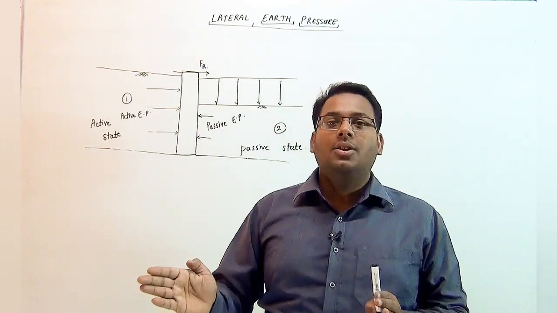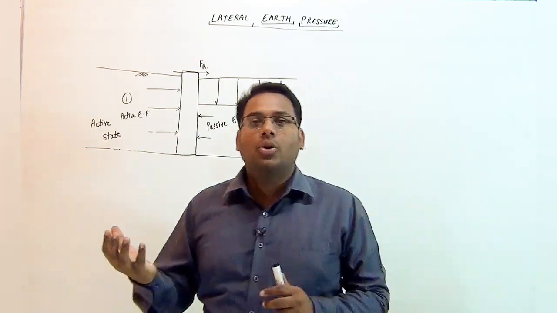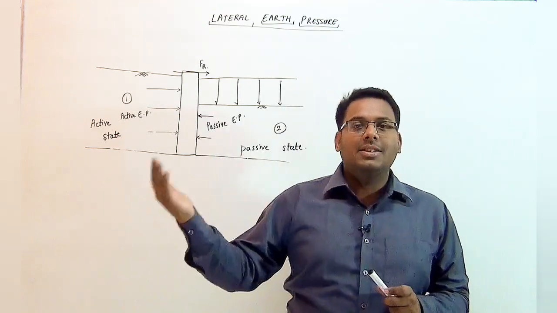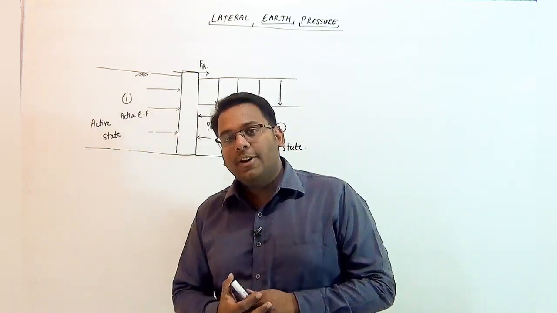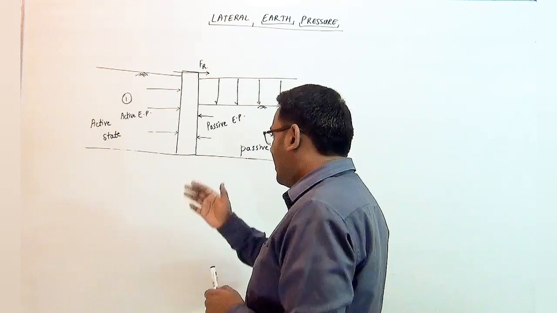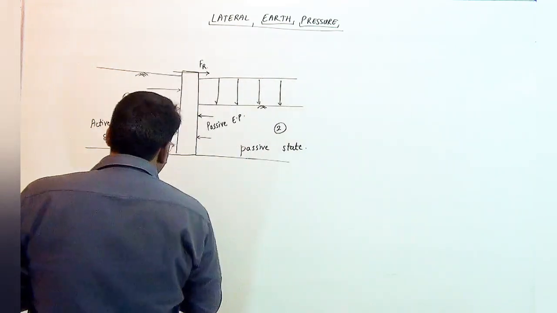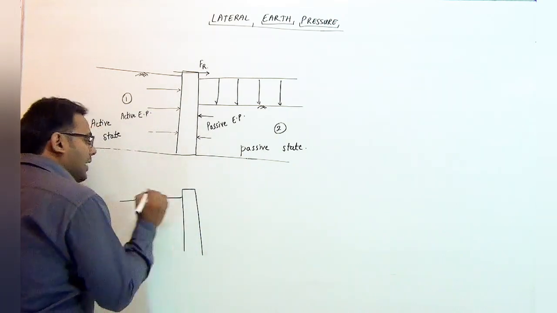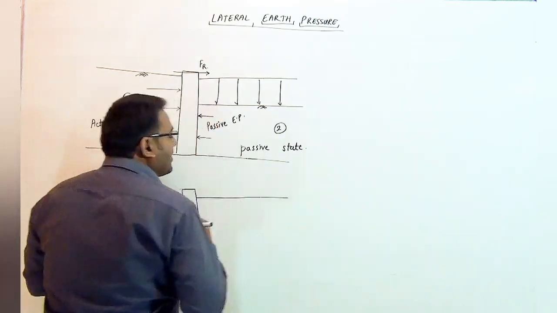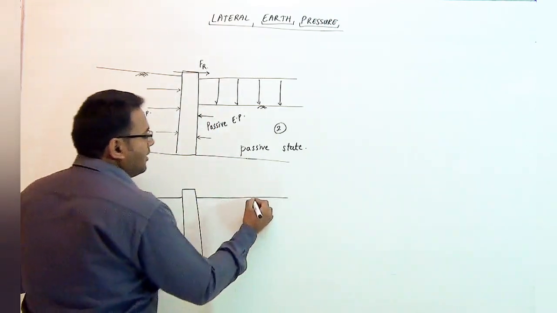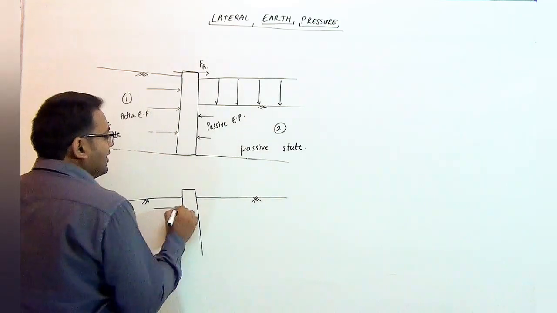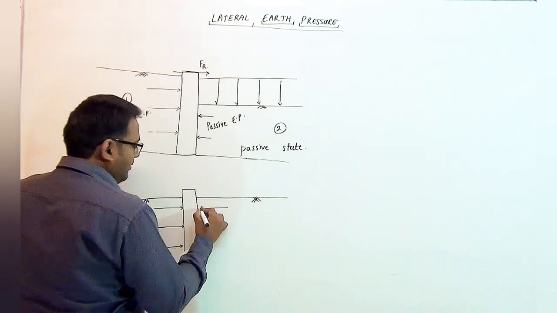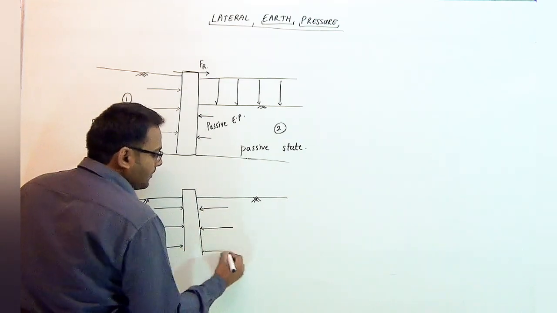There is an exception when the net force on the soil is towards the backfill. Fine, we will see that exception in later videos, but now I am telling you about another case that we can observe, and that is the earth pressure at rest. What will happen if the force exerted by soils on two sides of the retaining wall are equal?